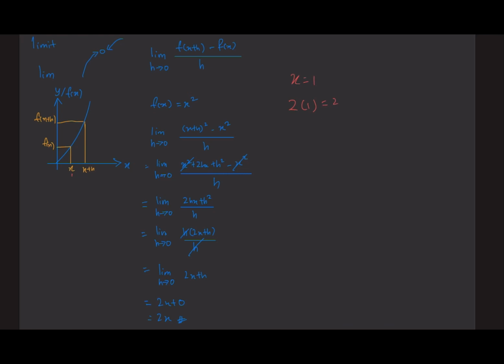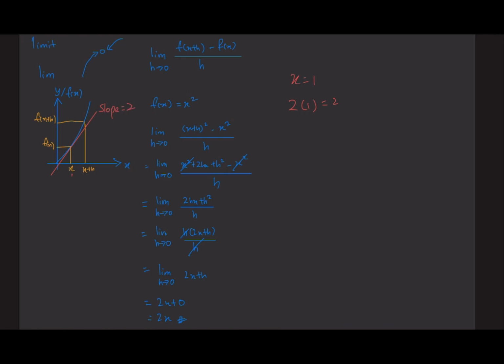That means the slope at this point, pardon my drawing, the exact slope where it only touches at x equals 1, is equal to 2.